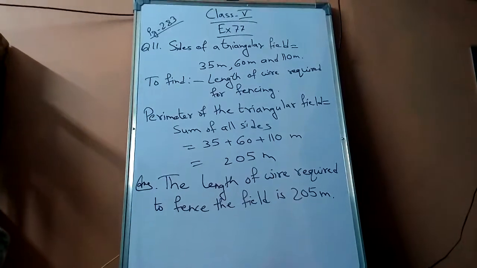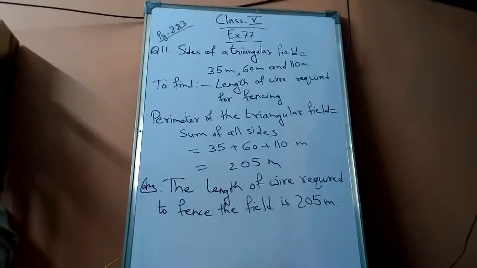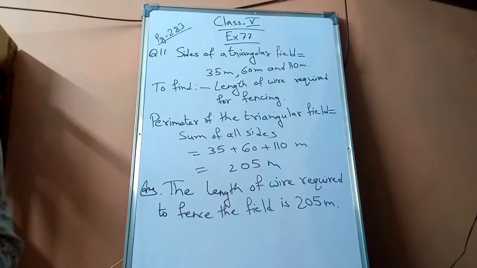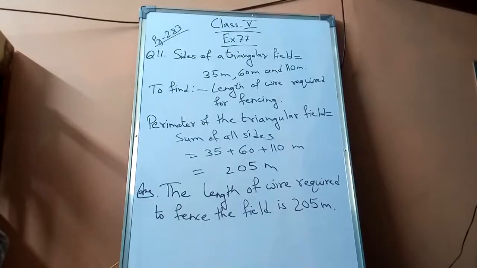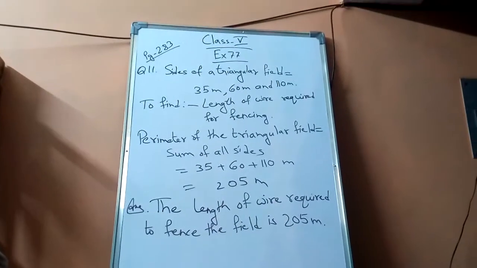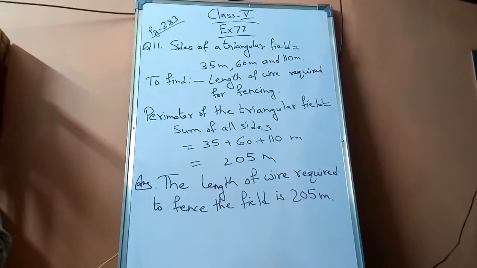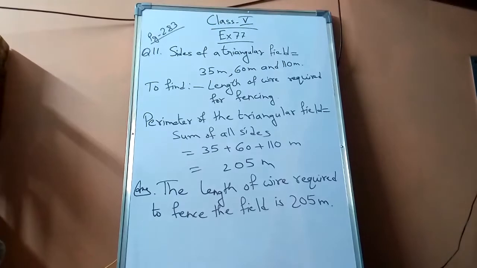So first of all you will find the perimeter. Then find the cost of constructing the wall at rupees 130 per meter, that is how much money is required to construct the wall if the cost of constructing is rupees 130 per meter.